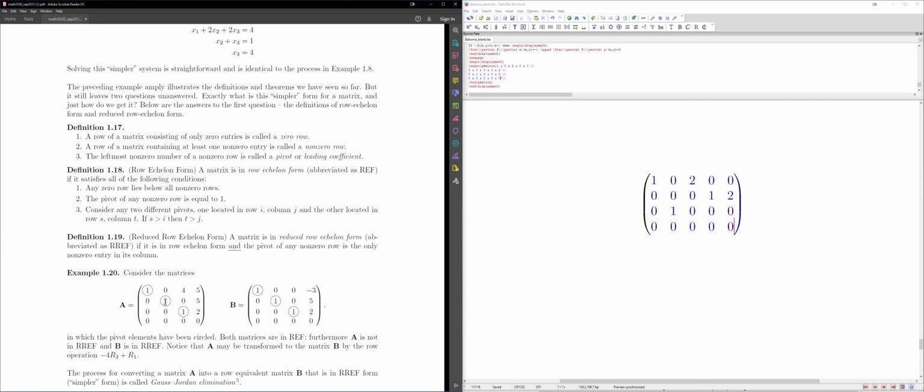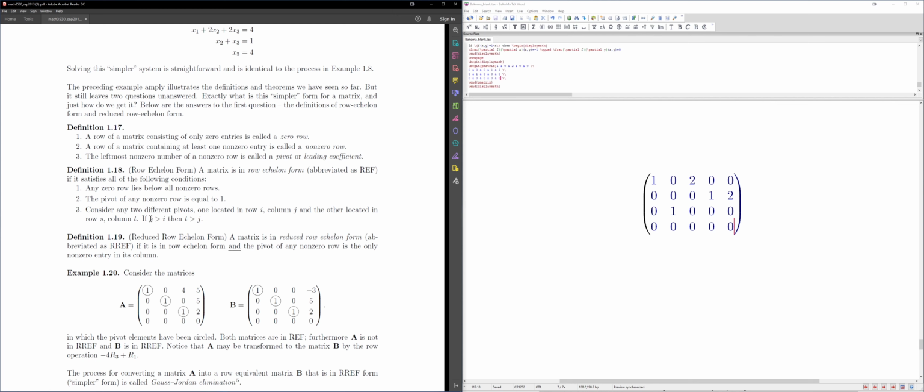This one is in the IJ position and this is in the ST position. What this condition is saying is that if S is bigger than I, so if you're looking at the pivot below, then T must be bigger than J. In other words, the column index has to be bigger than this column index. In other words, it needs to be to the right.